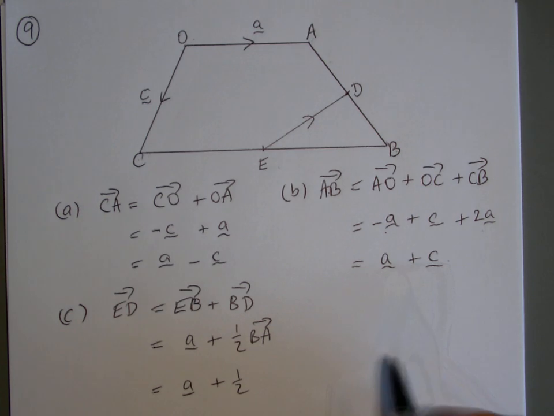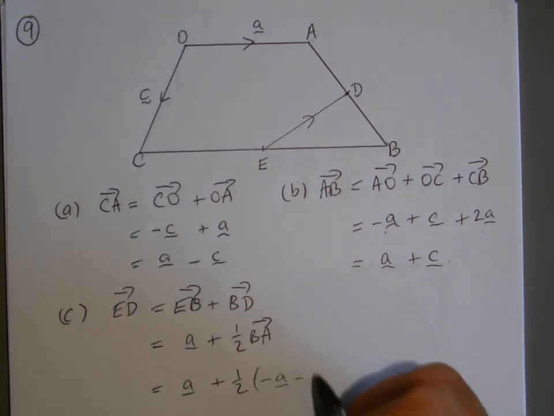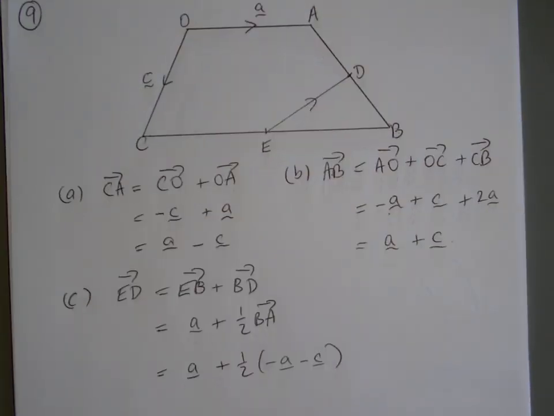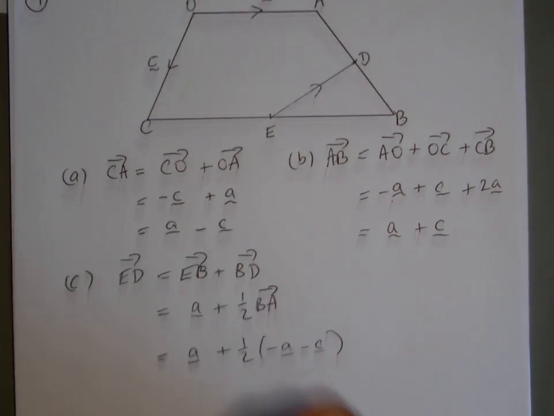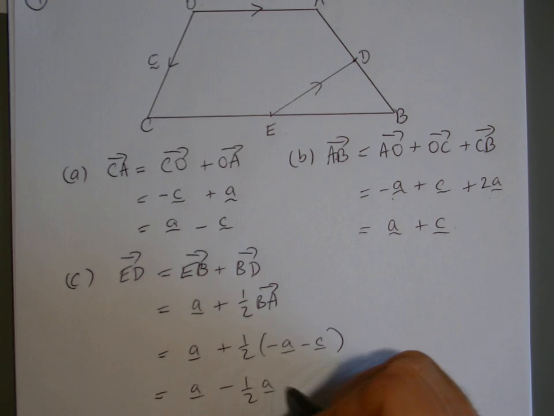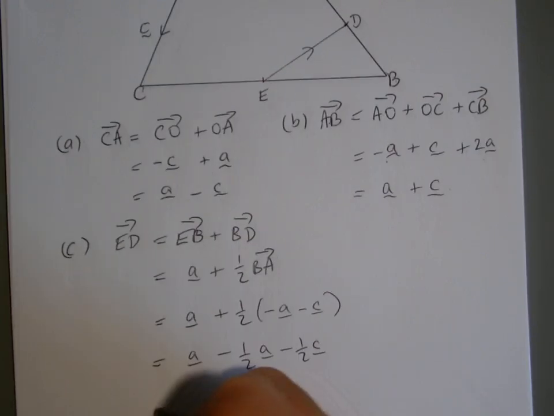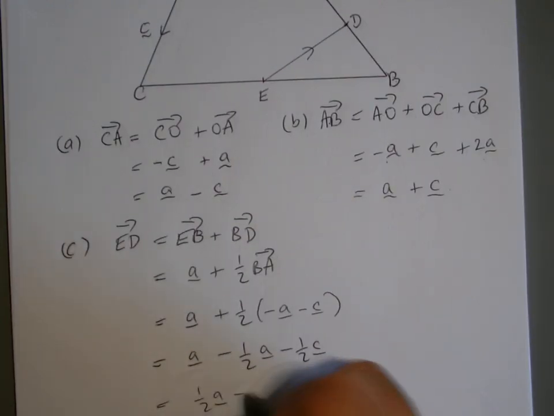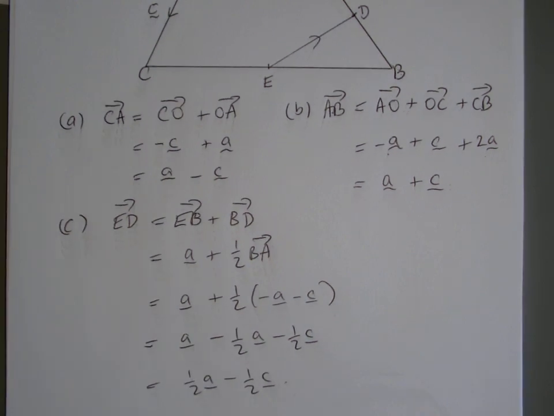So I can just write this but put a negative in front of both of them. Change the sign because you're doing the reverse. And all you've got to do is simplify this then. So you've got a minus half a minus half c, so you get half a minus half c.